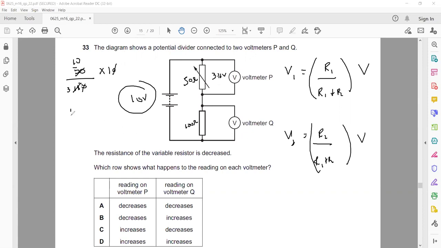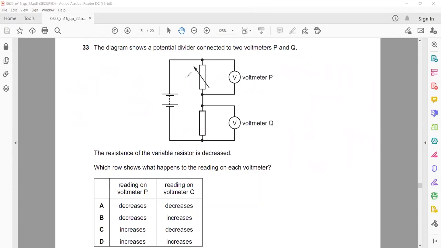If the total is 10 and 3.33 volts is here, I can do 10 minus 3.33, or I can also use the formula with the 100 resistance of that part divided by the total. Because it's a voltage divider circuit, even though the circuit resistance has changed, the component resistance is the same, but the voltage divides according to the ratio of the resistance. If it was 100 and 100, because the two components had the same resistance, the voltage was dividing equally. But now one component is 50 ohm and another is 100.